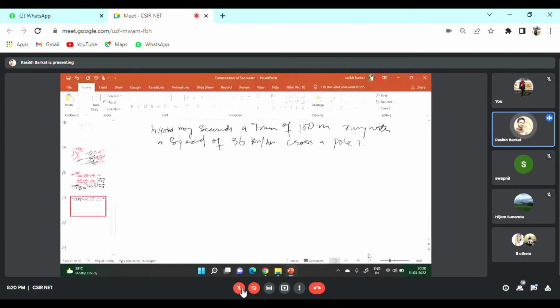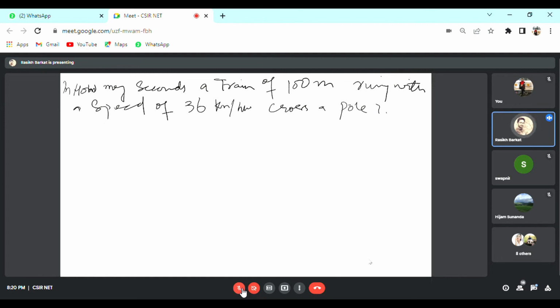So how will we solve this? Here we know that the length of the train is 100 meter. So this 100 meter is basically the distance that it will cover, because we have a point object.